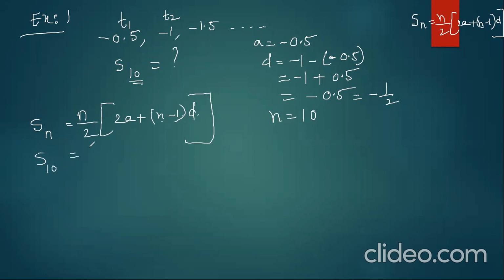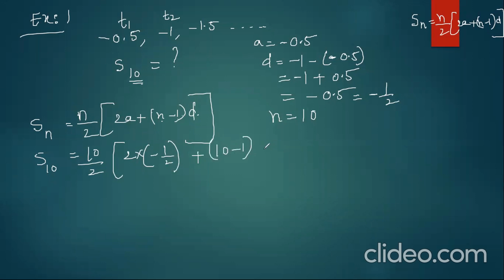S10 is equal to 10 by 2 into 2 into a. What is our a? Minus half, minus 1 by 2. 0.5 is 1 by 2, no? Plus 10 minus 1 into d.